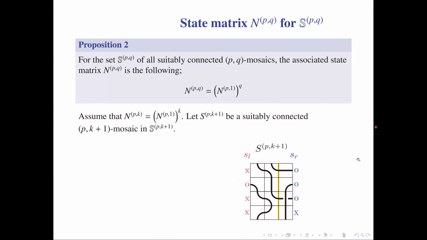Here, let's take the last column of the mosaic and call it SP1, and let the remaining part be SPK, like this.